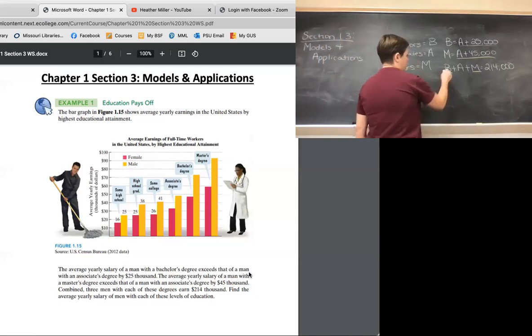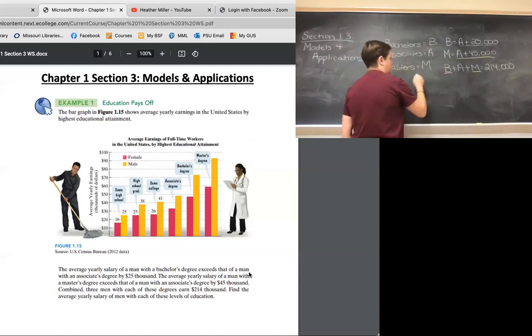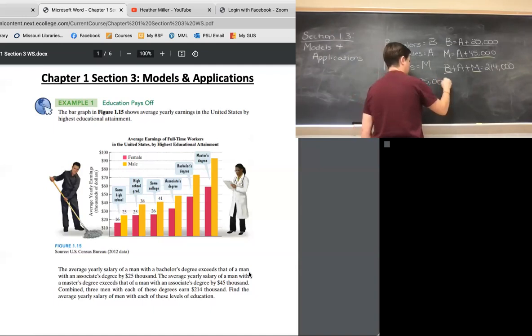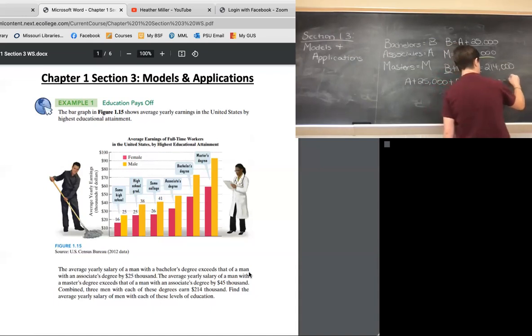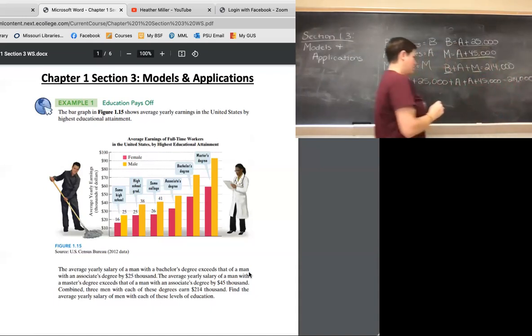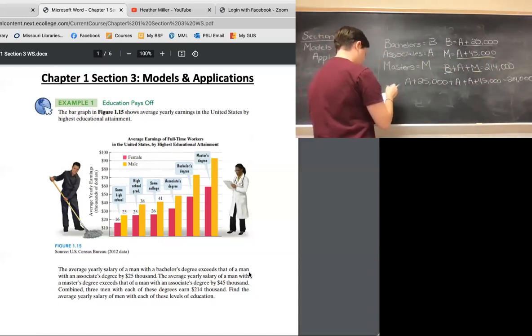So B plus A plus M equals 214,000. Well, B was A plus 25,000, and then we have the plus A right here. Then we had our M, which was A plus 45,000 equals 214,000.